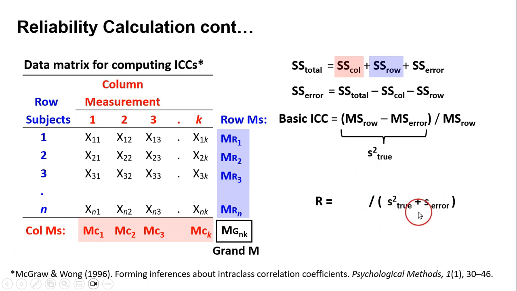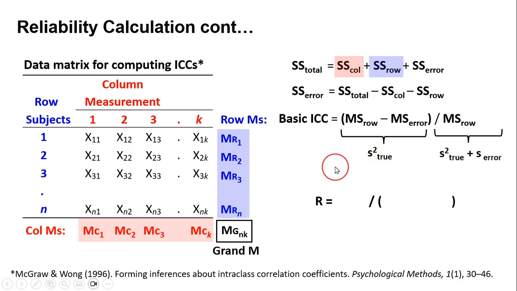And then the denominator, according to the theory, as was mentioned on the prior slides, is going to be representative of the MS row, the true, plus its existing error. So the basic calculation there is fairly simple.